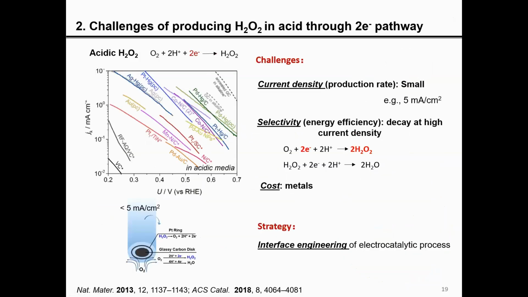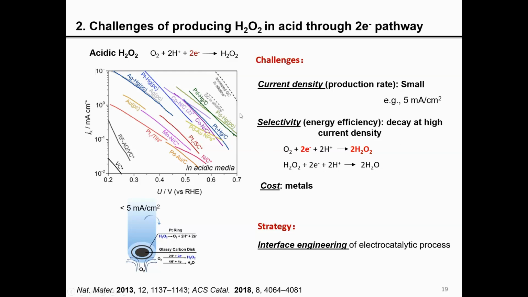But there are some challenges for oxygen reduction toward hydrogen peroxide. First, in lab scale, the current density is normally small, only 5. A small current density means the production rate or production concentration will be limited.